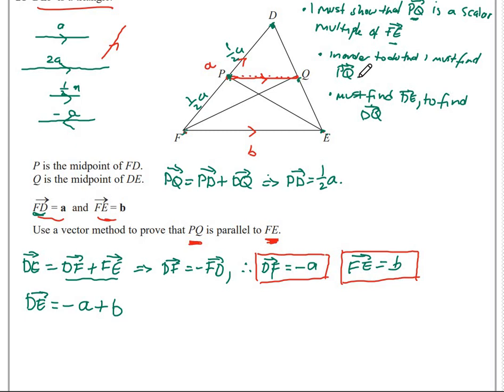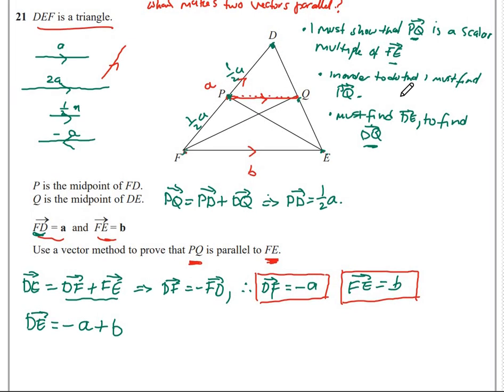And why did I want to find DE? Let's remind ourselves. Must find DE to find DQ. Remember, I wanted to find this DQ here, and I wanted to find DQ because I wanted to find what PQ was. So I needed to find PD and then DQ. Notice that Q is the midpoint of DE, so it splits DE in half.